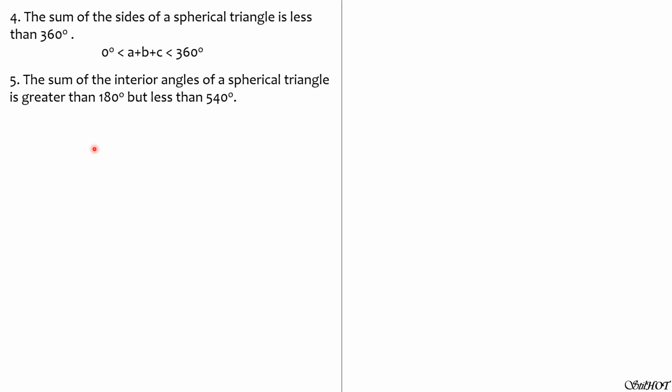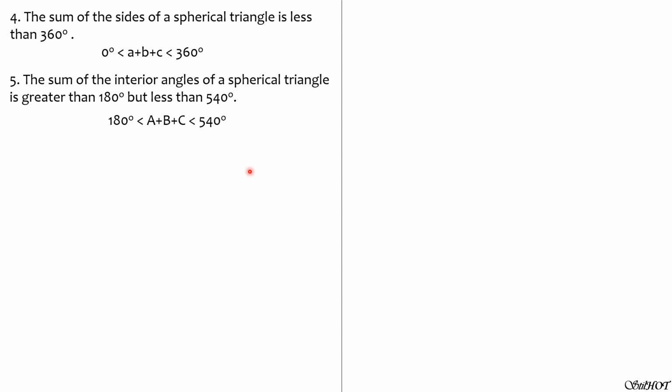And since the interior angle of a spherical triangle is greater than the corresponding interior angle of a plane triangle, it follows that the sum is greater than 180 degrees. But it is less than 540 degrees because each interior angle of a triangle should be less than 180 degrees. So times 3, that's 540 degrees. So 180 degrees is less than A plus B plus C and less than 540 degrees.